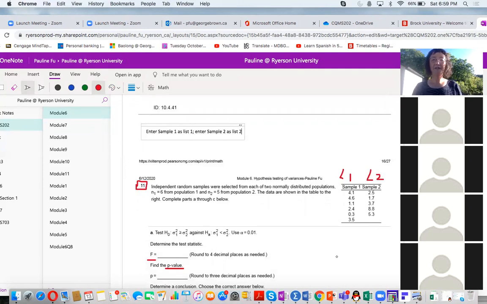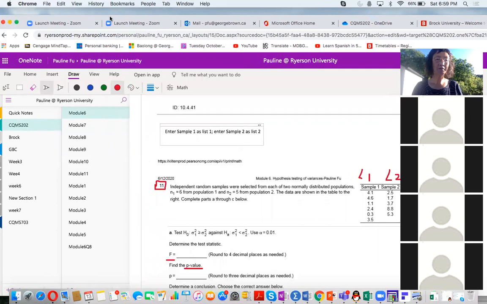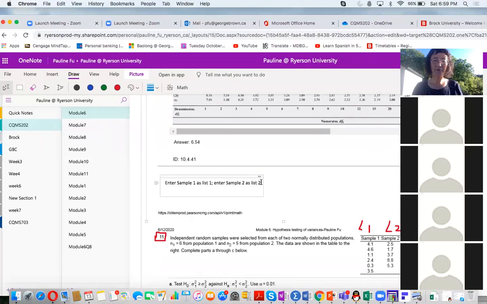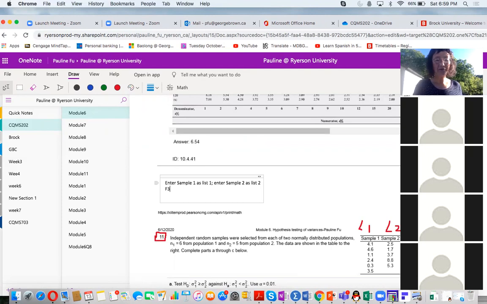So suppose you entered the data. How do you find the test statistic and p-value? So you do this. You press the F3 test button. F3 and then F4.